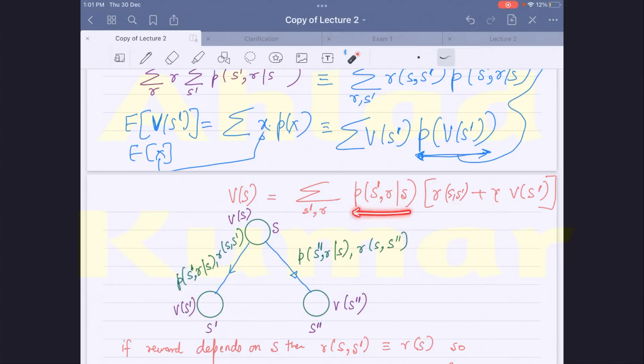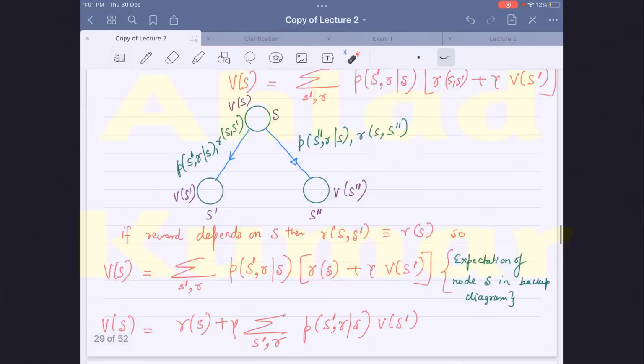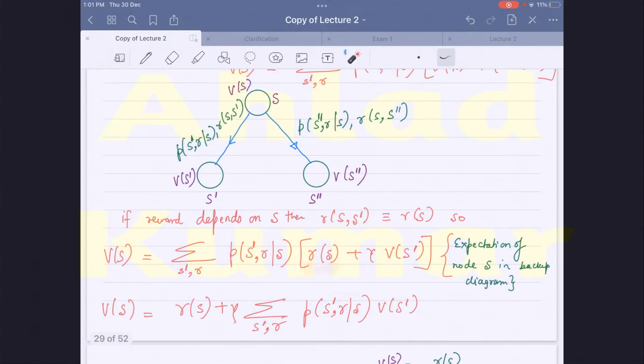And then with the transition probability given by this. Now if the rewards depend upon the state S only and not on S and S prime, as we have discussed earlier that there are two types of rewards in the literature, then we can reduce this to this. We can observe that this summation is on S prime and not on S, so R S can be taken out.